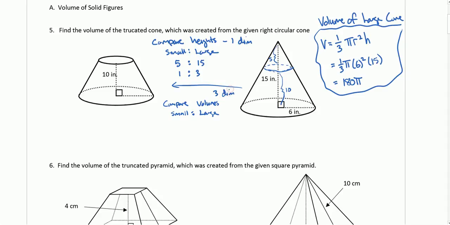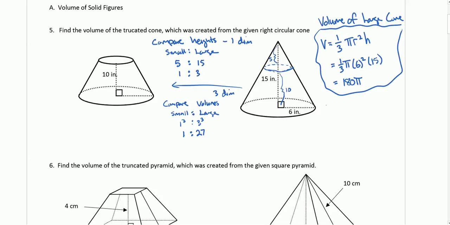So to move from one-dimensional to three-dimensional, you cube it. So I'm going to cube, it's going to be 1 cubed to 3 cubed, which is 1 to 27. So that tells me that the volume of the larger cone is 27 times bigger than the volume of the smaller cone.